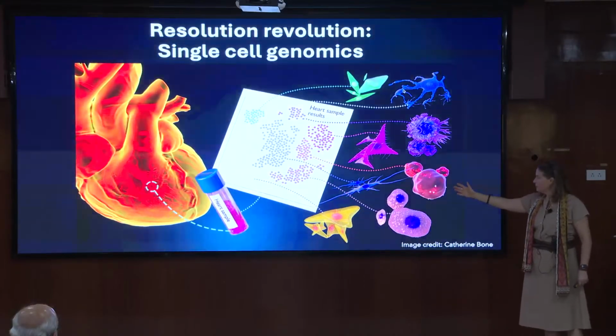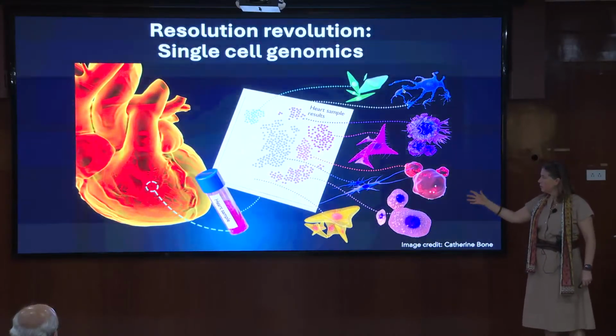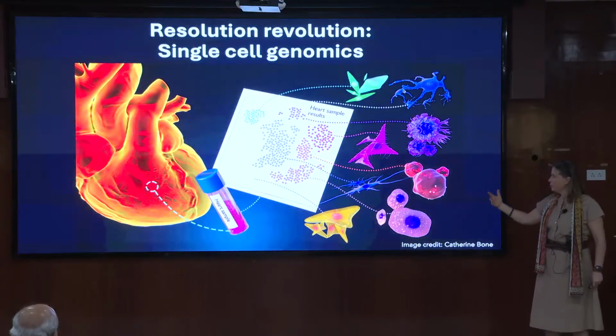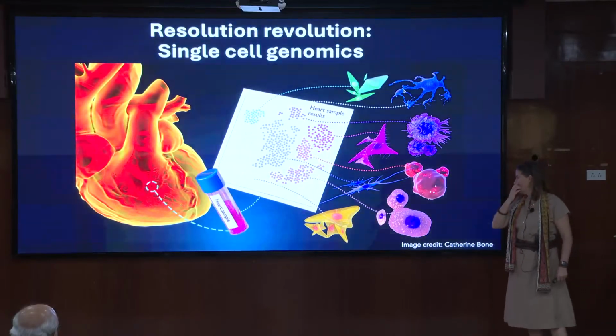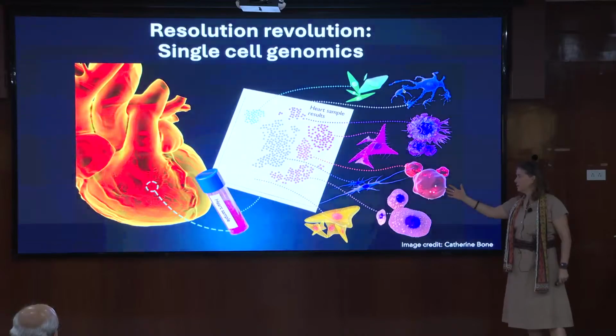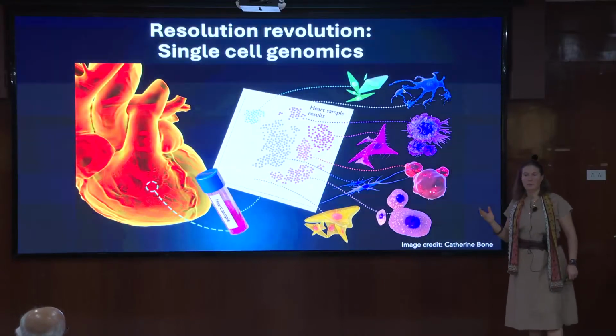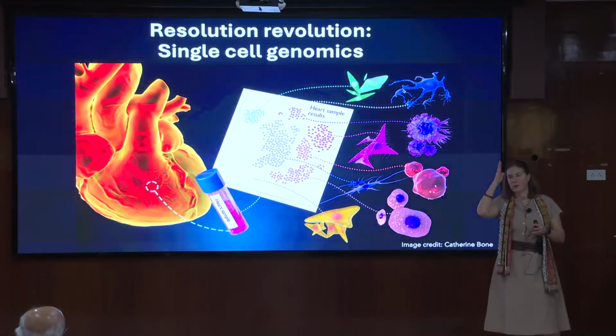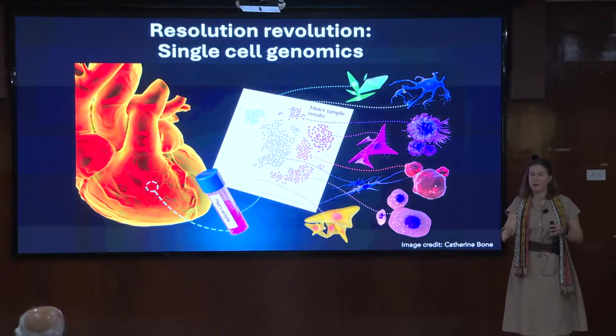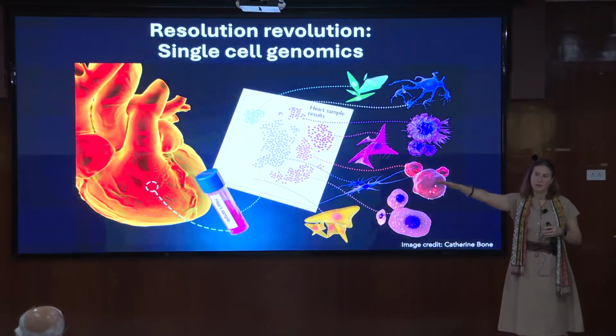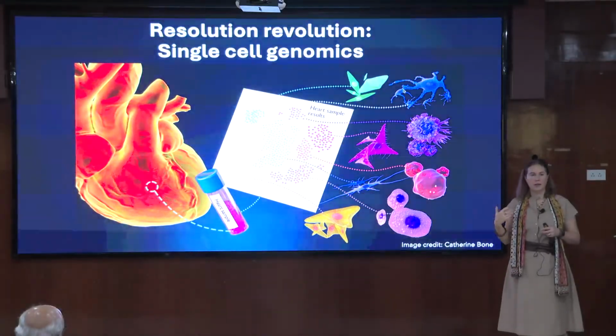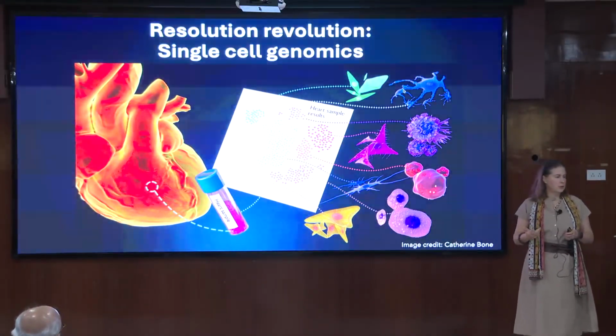Then analyze them with whichever single-cell genomics technology you want. And of course, what that yields is a huge amount of data in the sense of the different cells or nuclei and which of the 25,000 genes are expressed at what level in each of those cells or nuclei.